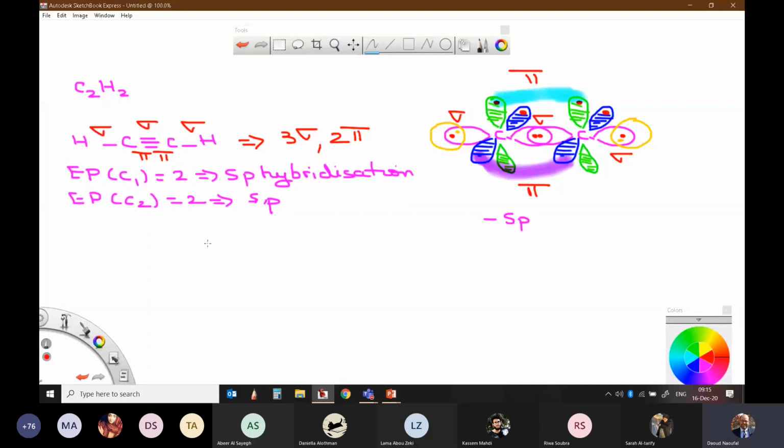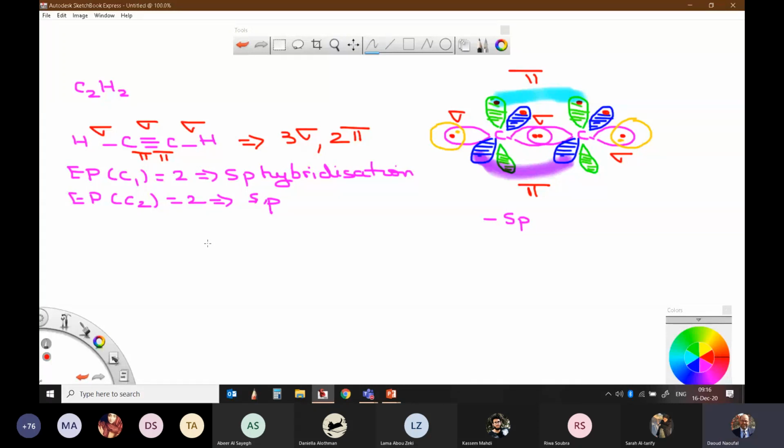As a conclusion, should we draw the orbitals in order to find the hybridization? The answer, no. The hybridization is deduced directly from the EP. If they ask us to find the number of sigma and pi bonds in the molecule, what do we do? We draw Lewis.